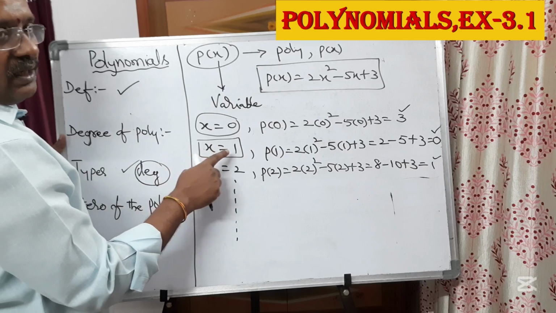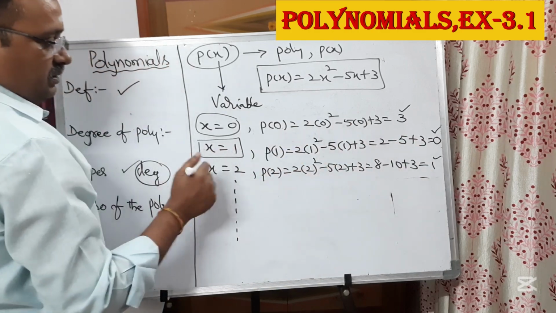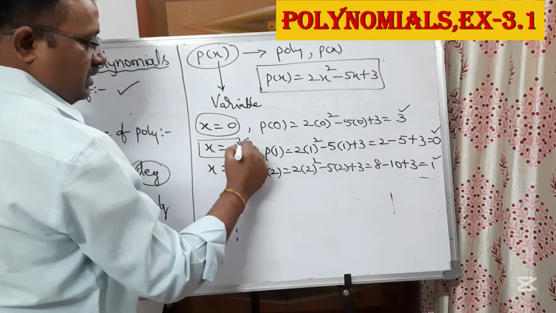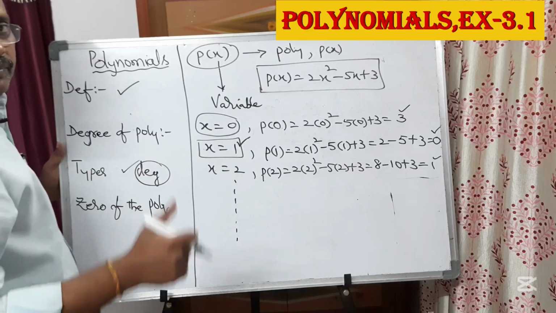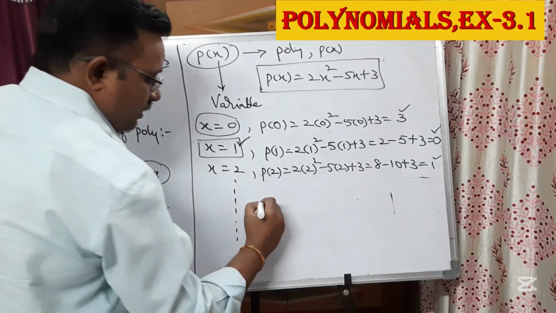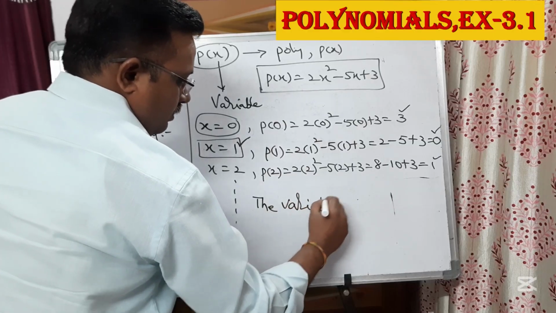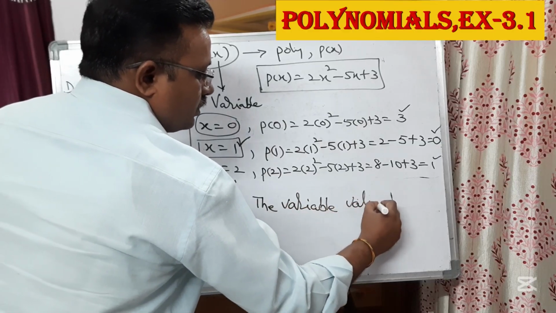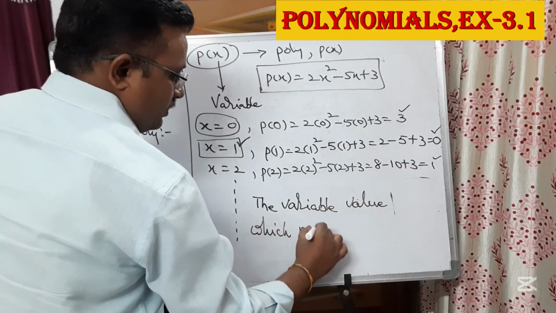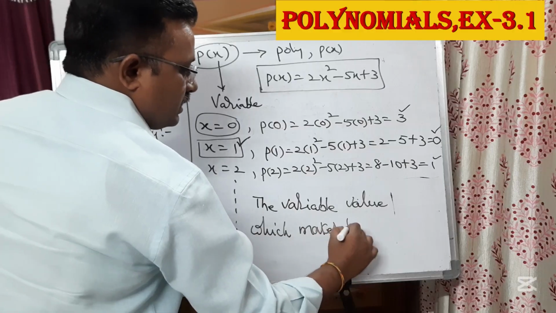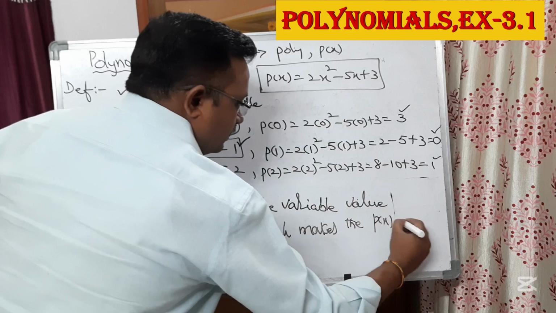So, which variable value makes the polynomial 0? X value 1. So, that variable value is called the 0 of the polynomial. Is that clear, Nana? The variable value which makes the polynomial value equal to 0.